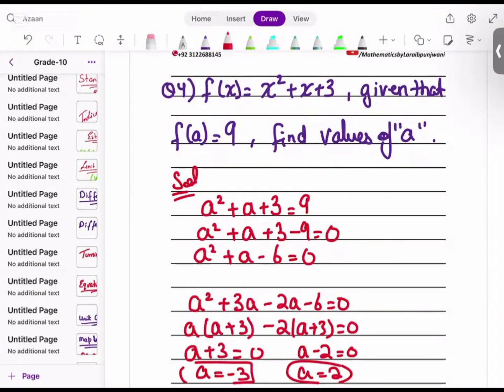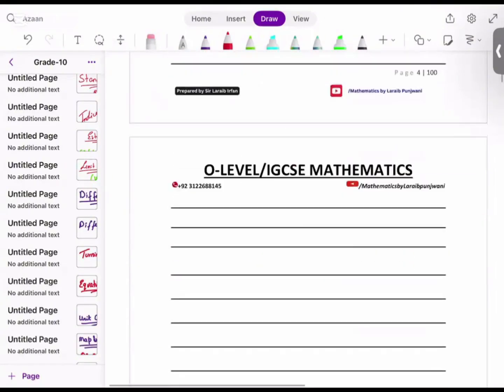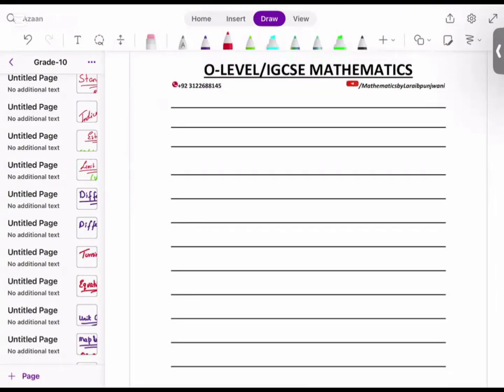Okay. Now the next thing we will see is what are composite functions. What is a composite function?